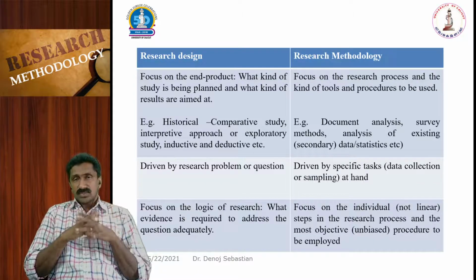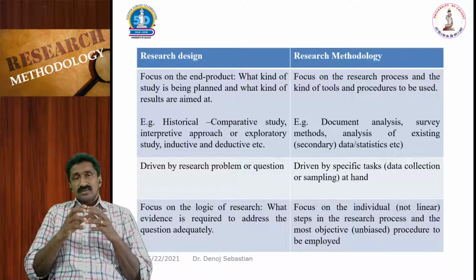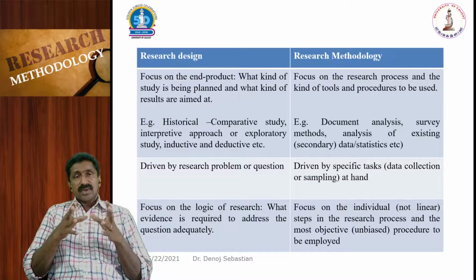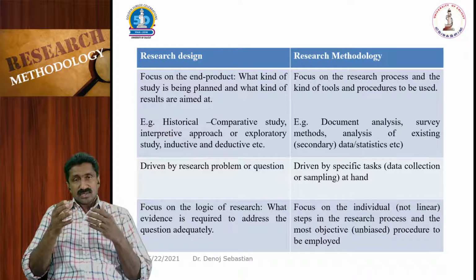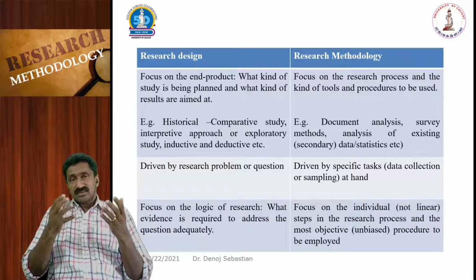The product is important. Examples are given there, like a comparative study, a historical comparative study, an interpretive approach, an exploratory study, or inductive or deductive studies, etc. These studies are product oriented.